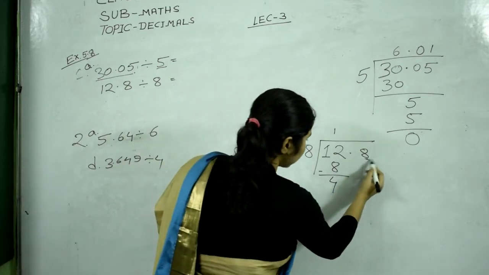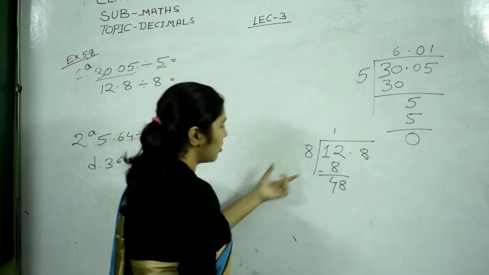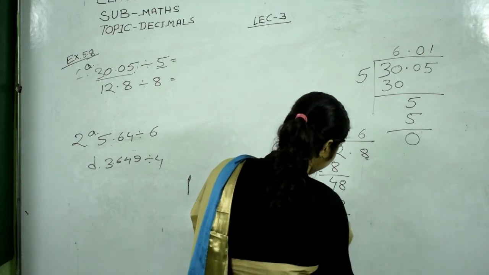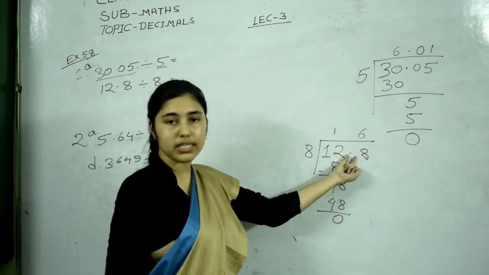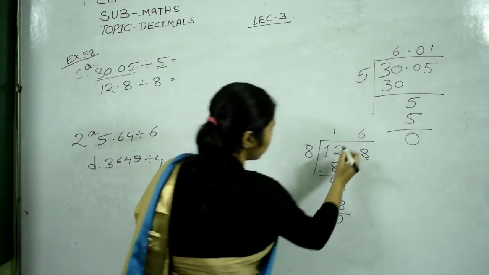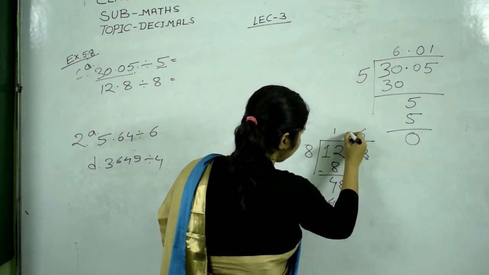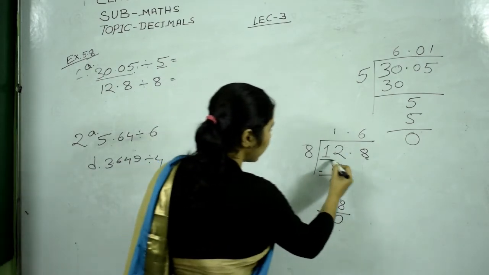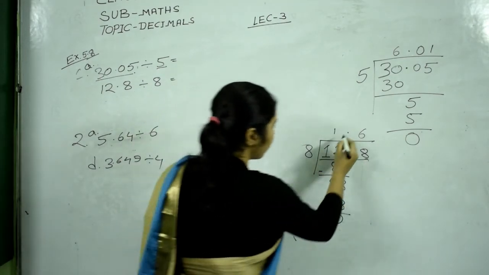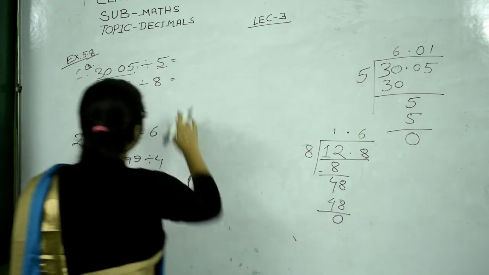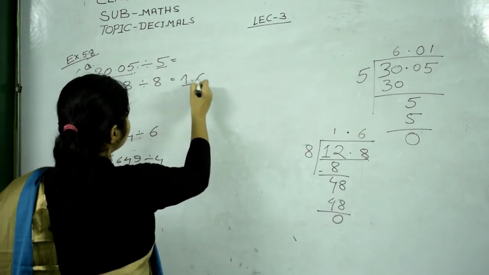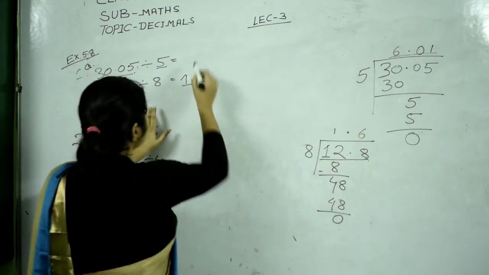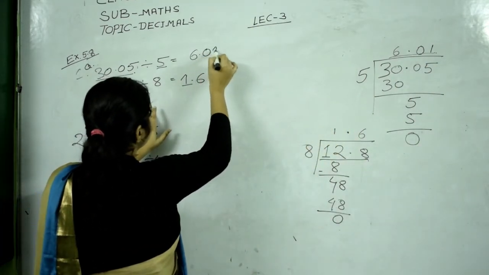We have to take this 8 here. Now 6 8s are 48. Again write the decimal point just above the decimal point of the dividend. So our answer is 1.6 and here our quotient is 6.01.